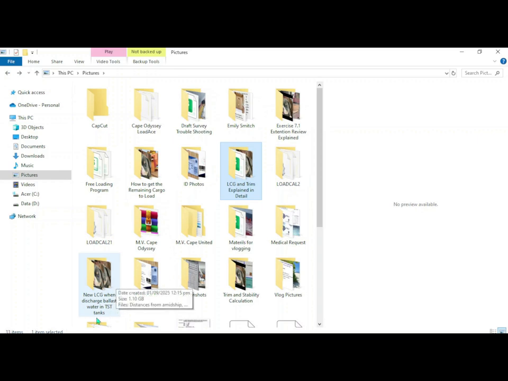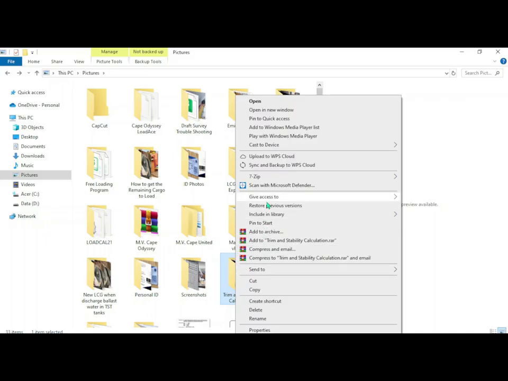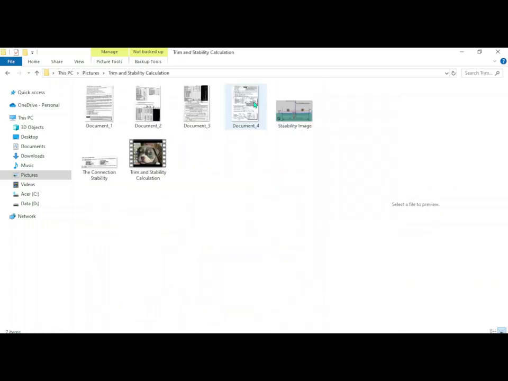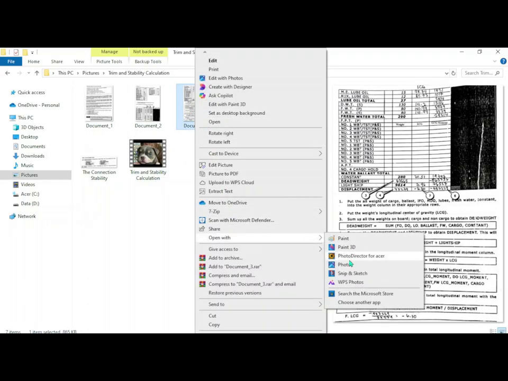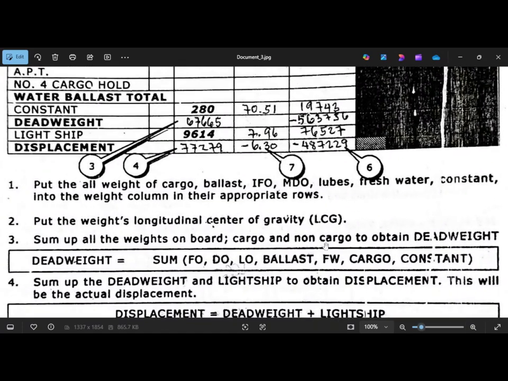Bear with me, guys. This one. Final LCG. Okay, let's open this one. Open it. It's better to make it bigger. This will be your final LCG.